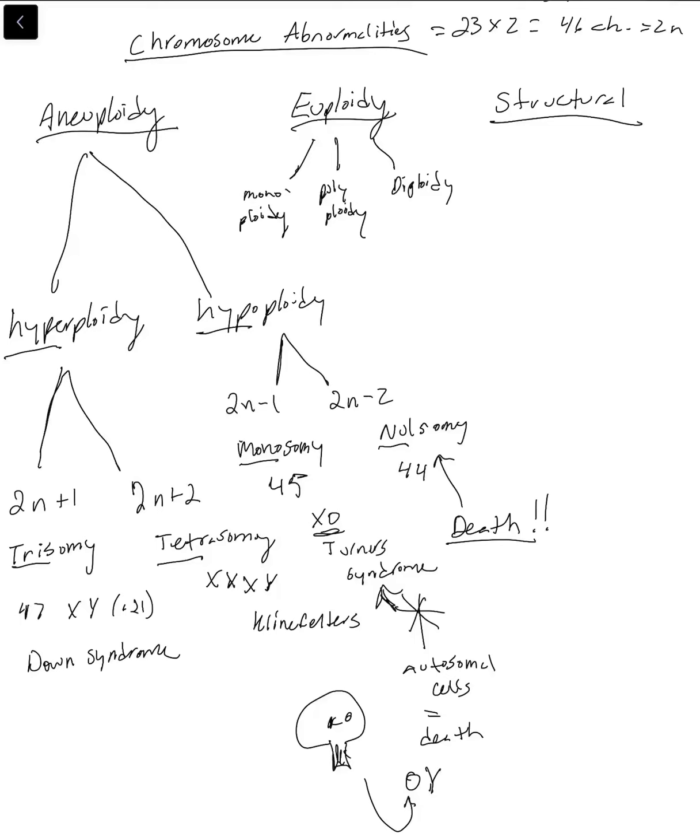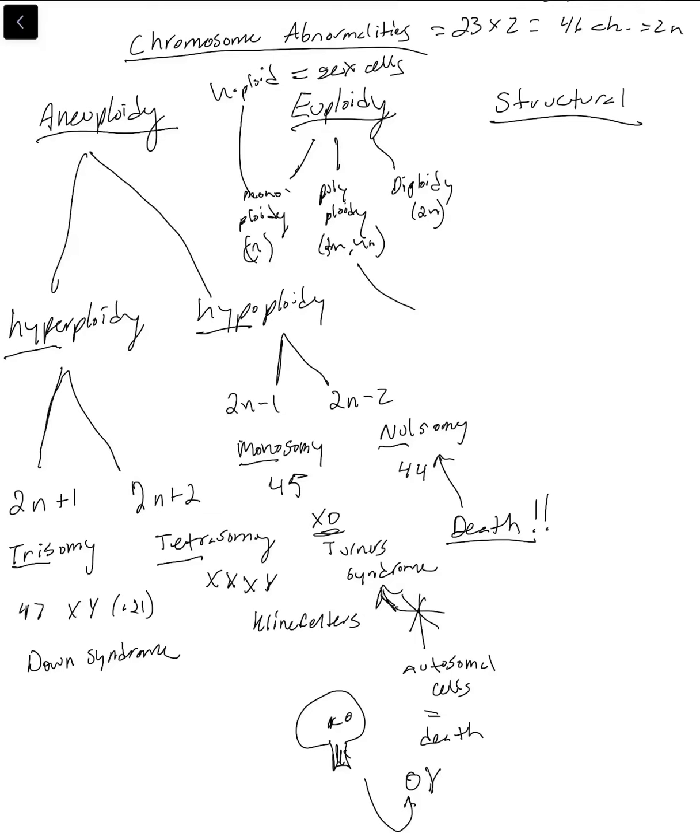So diploidy is 2N. Monoploidy is N, mono for 1. Polyploidy is anything more than 2N, so it's going to be 3N, 4N, etc. Monoploidy is also called haploid, so that's what our sex cells are going to be. It's our sperm and our egg.